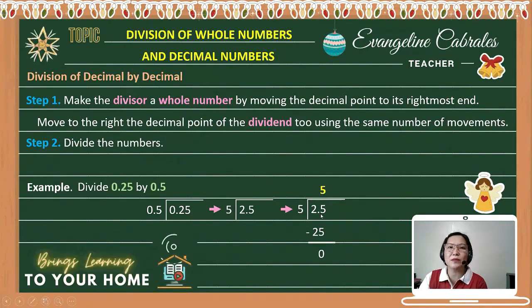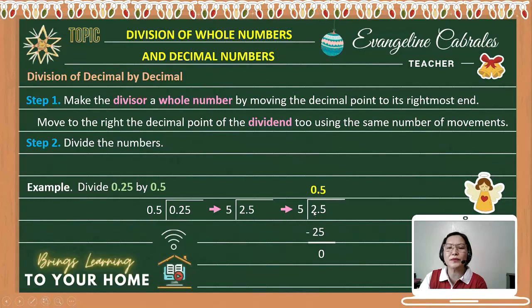Kung may decimal point ang dividend, kailangan ay mayroon ding decimal point ang quotient, lalo na kung importanteng ilagay siya kagaya nito. So, dahil ang katapat ng 5 na quotient ay ang 5 ng dividend, automatic na andito sa unahan niya ang decimal point. So, ilalagay nyo yon.